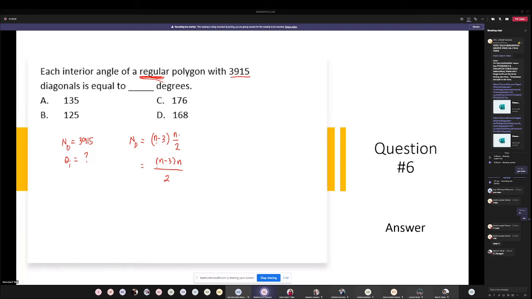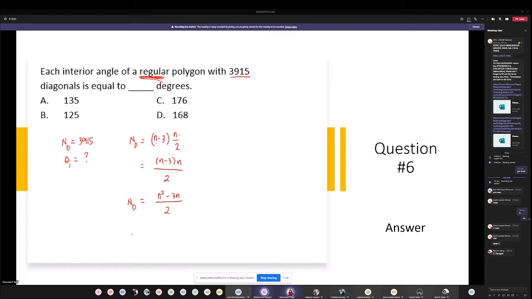Okay. So n minus 3 times n. You need to distribute the n to the n minus 3. So it's n squared minus 3n, and then all over 2. And the left side is n sub d. So we need to solve for n here, and it's a quadratic equation.